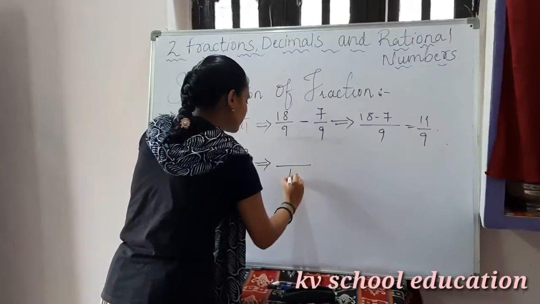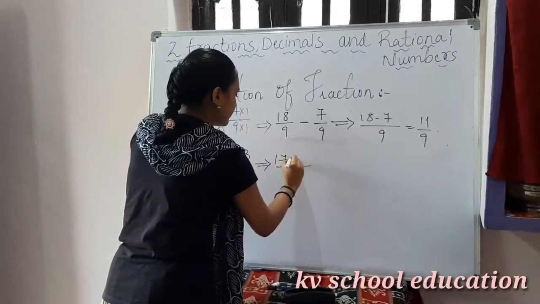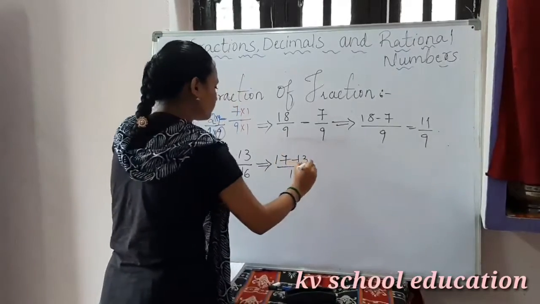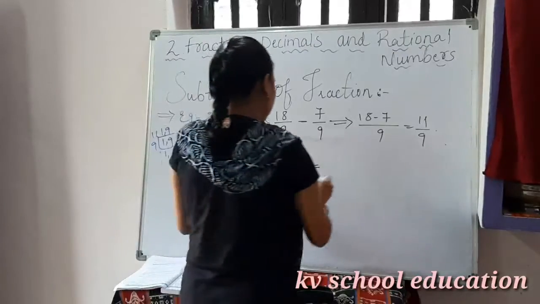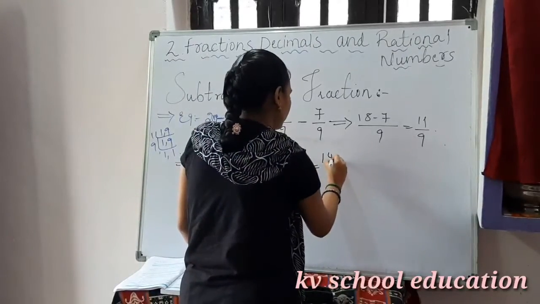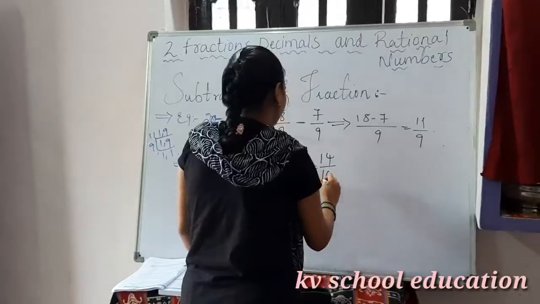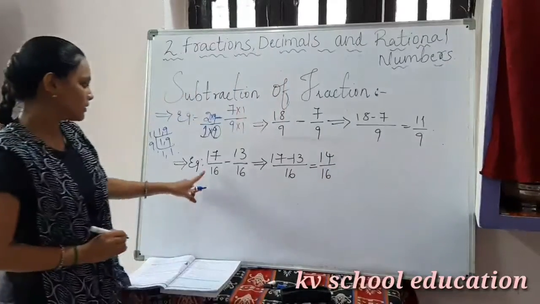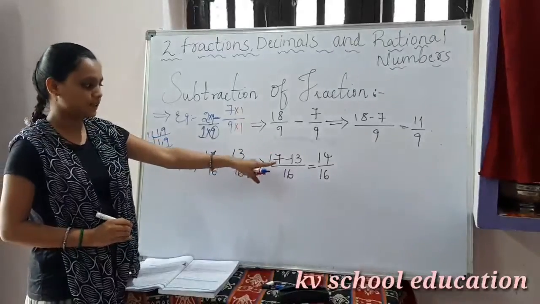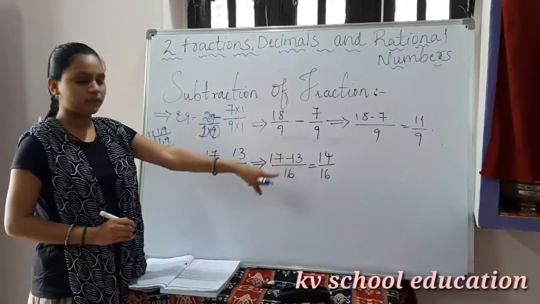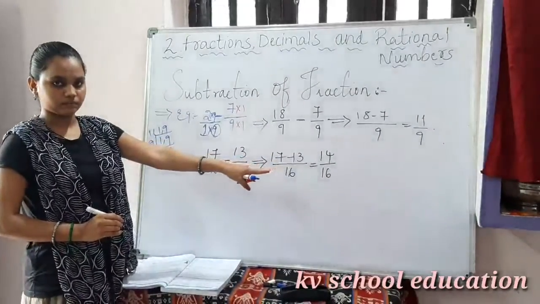So whole 16, 17 minus 13. 17 minus 13 is 4 by 16.